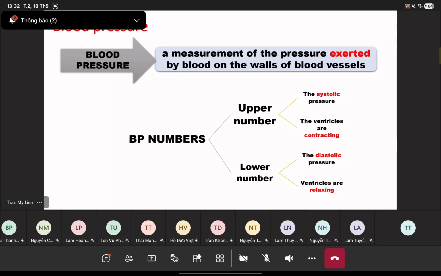Some other medical terms involve the cardiovascular system. Blood pressure is a measurement of pressure exerted by blood on the walls of blood vessels. The upper number of the blood pressure indicates the systolic pressure, which means the ventricles are contracted, and the lower number shows the diastolic pressure, when the ventricles are relaxing.